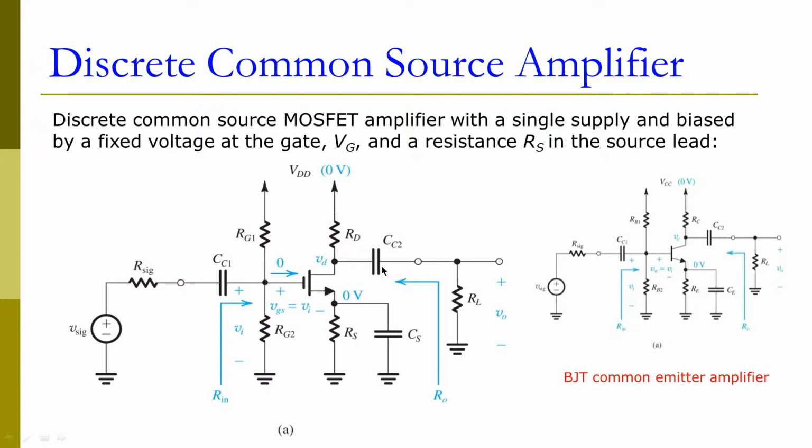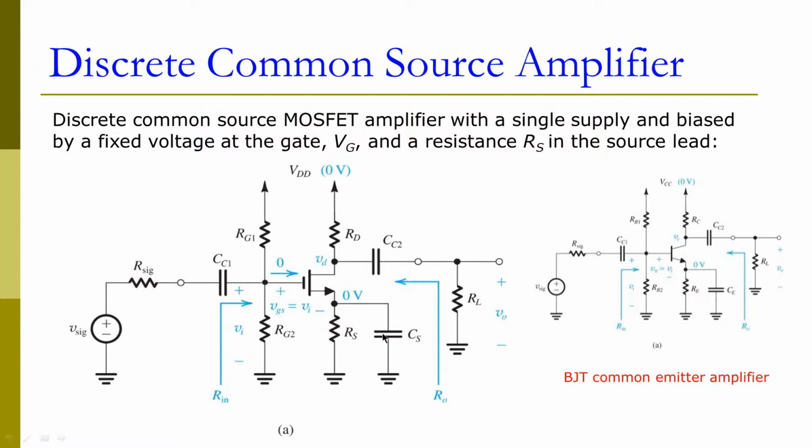The signal is fed out through the CC2 capacitor, which also serves as isolation of the DC voltage, because this DC bias is very important. And this CS here is to bypass the RS. For the AC signal, this RS is equivalently shorted by this capacitor.